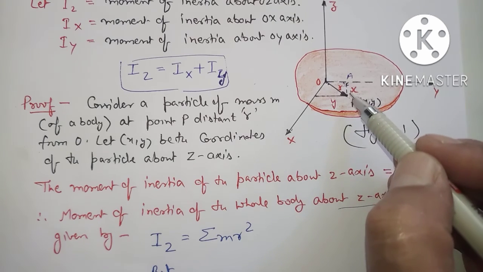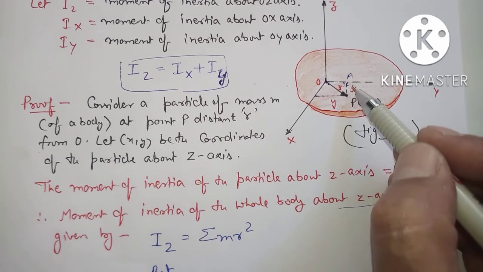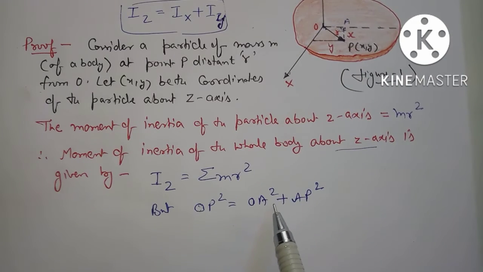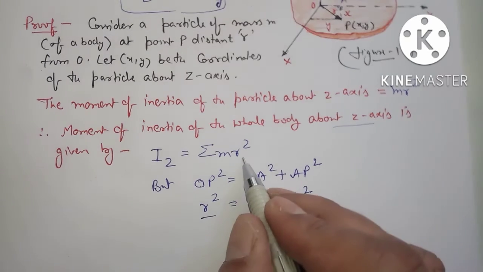So OP squared is equal to OA squared plus PA squared by using the Pythagoras theorem. OP squared is equal to OA squared plus AP squared. OP is r, so r squared is equal to OA, which is y squared, plus AP, which is x squared. So use this value of r squared here.